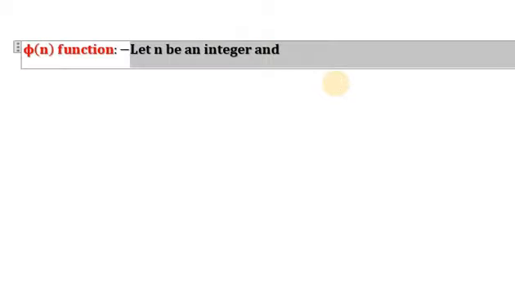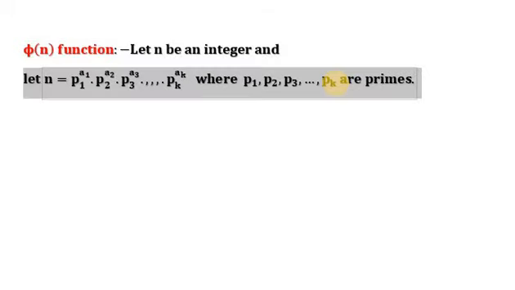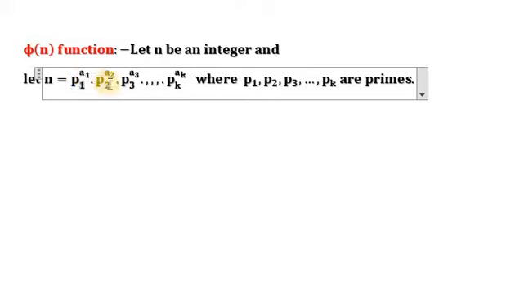Now let us define the phi of n function. Let n be an integer. Let n is equal to p1 to the power of a1, p2 to the power of a2, p3 to the power of a3, etc., pk to the power of ak, where p1, p2, p3, etc., pk are primes. They are relatively prime to each other.